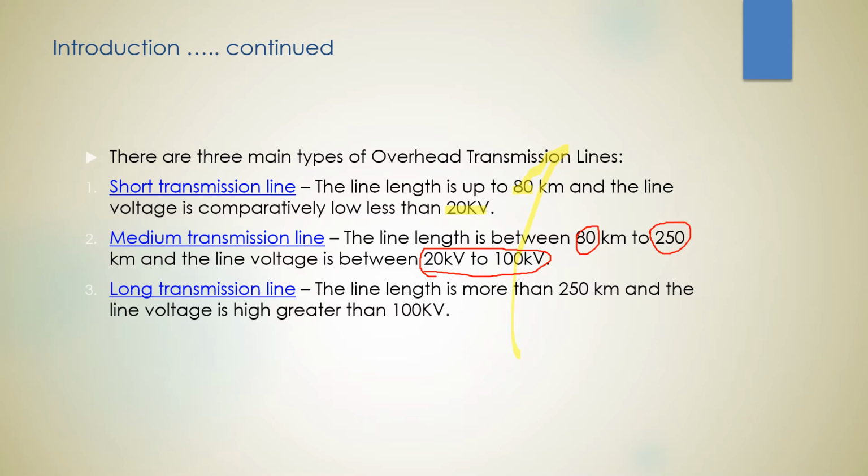Long transmission line is beyond 250 kilometer and the voltage of transmission line is above 100 kilovolt. So as per the length and voltage of the transmission line, the line is categorized into three: short, medium and long.